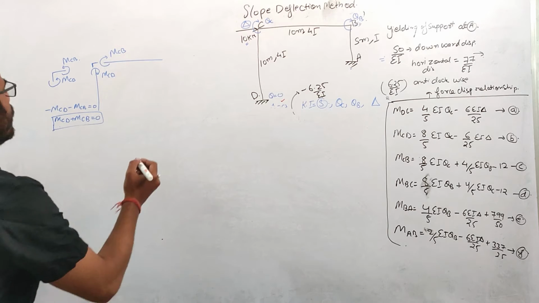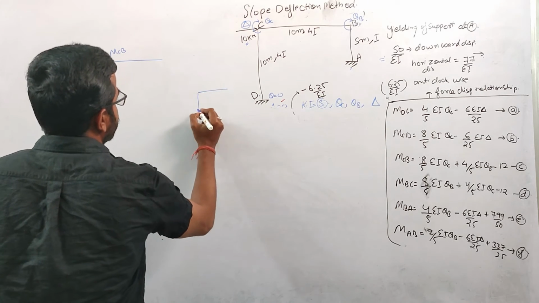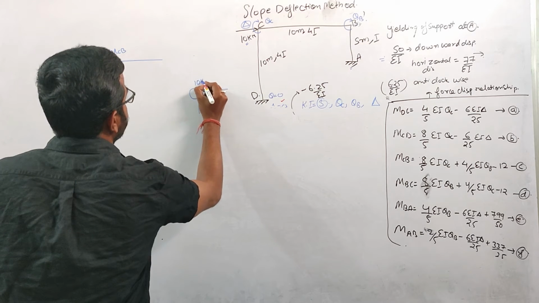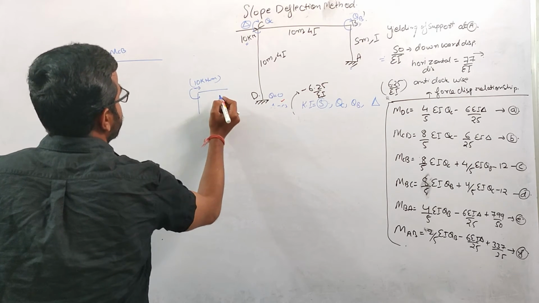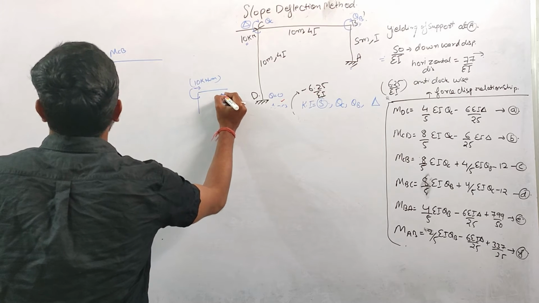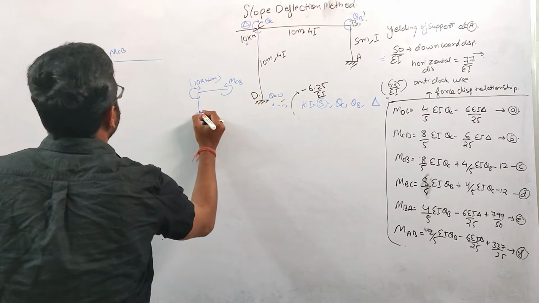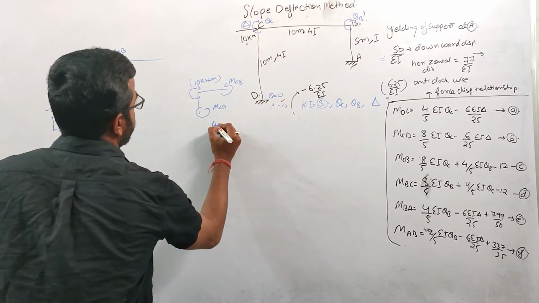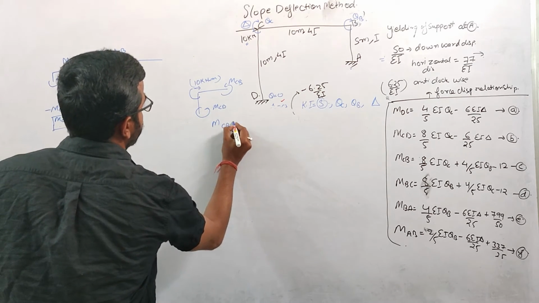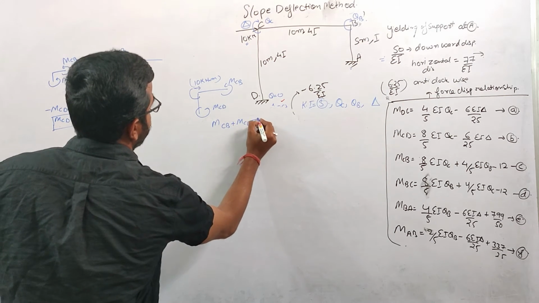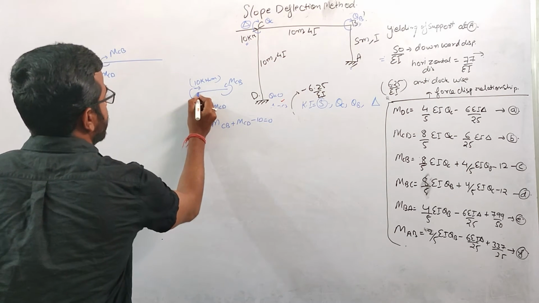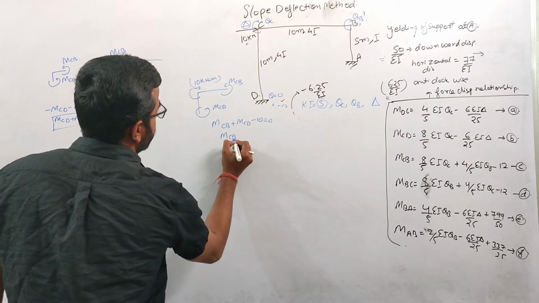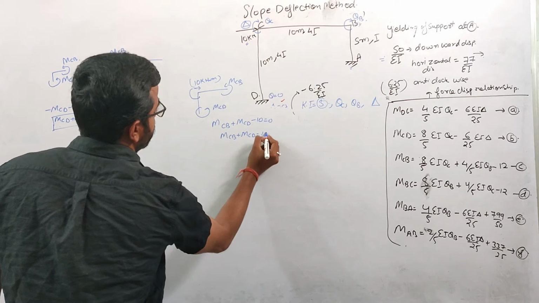Let us suppose some moment is acting at this point B. If, instead of this 10 kilonewton load, there was a 10 kilonewton meter moment acting, then the equation, and this is MCB and this is MCD, the equilibrium equation will be MCB plus MCD minus 10 equals 0. For the equilibrium of this support basically, I can write MCB plus MCD equals 10, right?